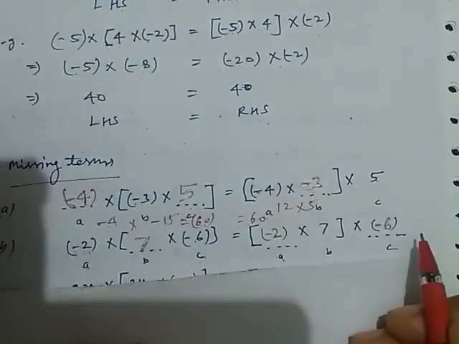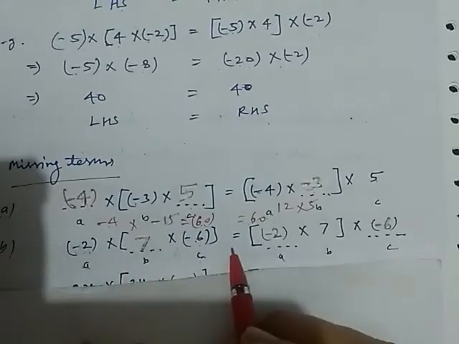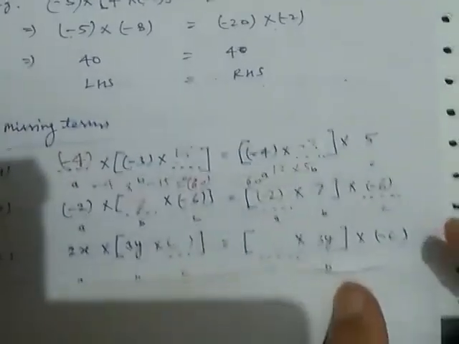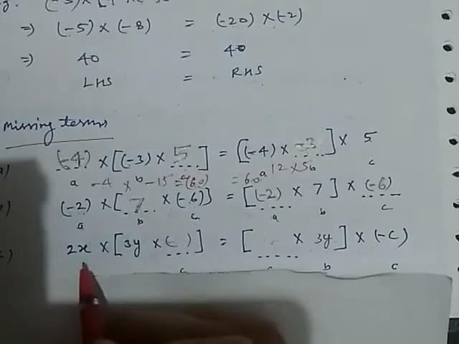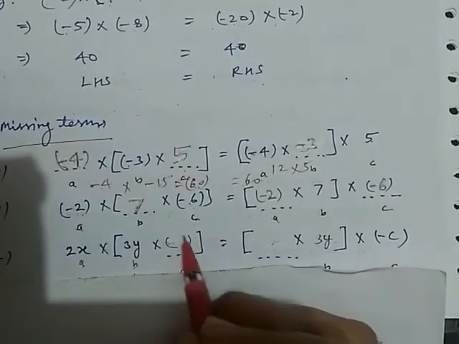By this way we can put missing terms by using associative property. Now we take one more example. Here 2x is A, 3y is B, and here is the blank space.